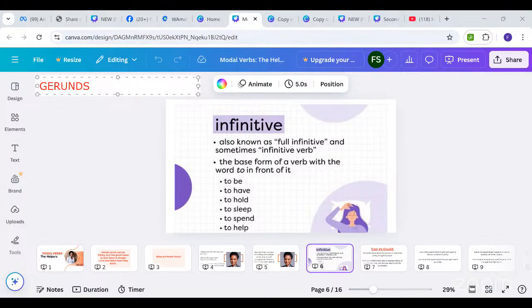A gerund is a verb in the present participle form, but it can also act as a noun, just like the infinitives. This type of verbs do not just act as verbs, they can also act as nouns. Sometimes they can even act as adjectives or adverbs.